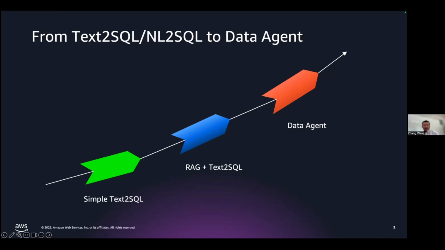Nowadays, we can build powerful data agents with agentic LLM. It's a much more autonomous, goal-oriented, adaptive AI system for data analysts. I'd like to give you two demonstrations of agentic data analysts.